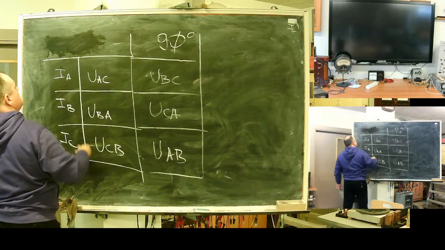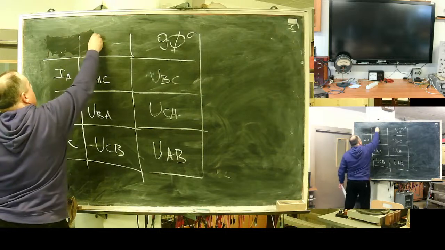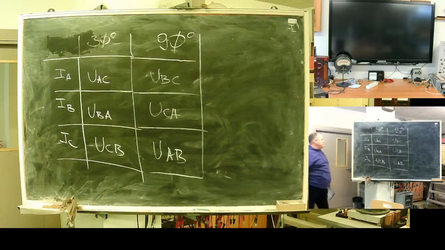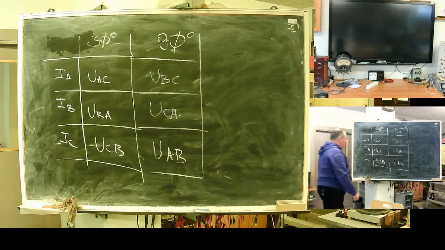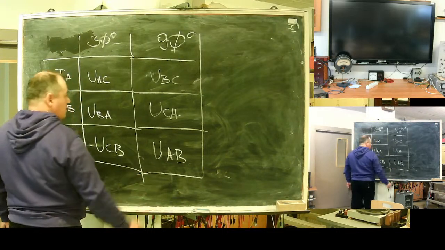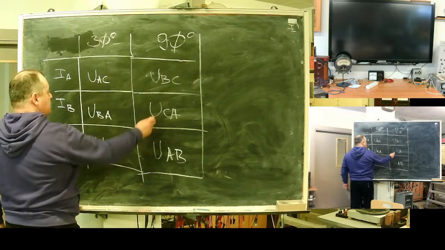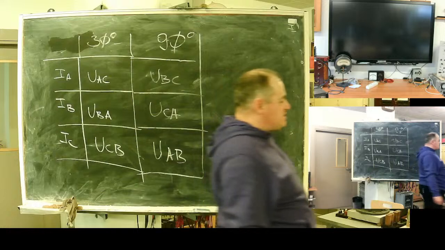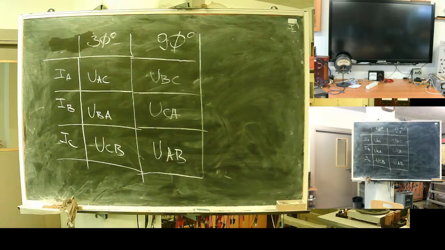Not aesthetic. Two schematics with phase current and line voltage. The most popular European is this 90-degree version, but this also can be used. Very small difference.